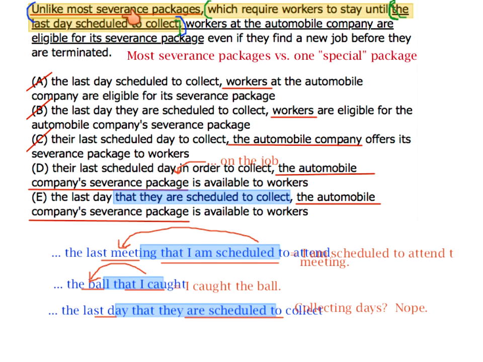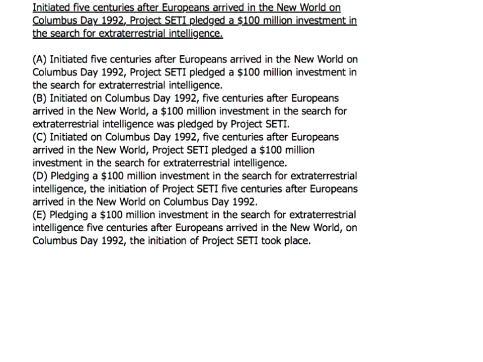Like the opening modifier here is essentially unlike most severance packages. But then you had this other description of most severance packages. So let's talk about how far these initial modifiers go. So how much of this is the coming home from school part?